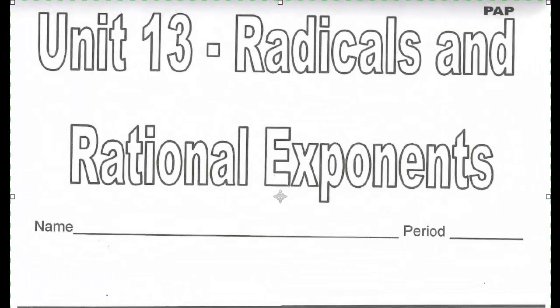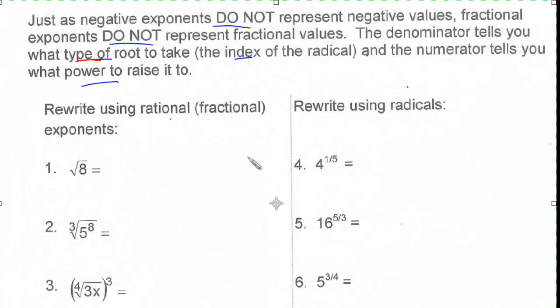We continue Unit 13, Radicals and Rational Exponents, with rational exponents. Just as negative exponents do not represent negative values, fractional exponents do not represent fractional values. The denominator tells you what type of root to take.